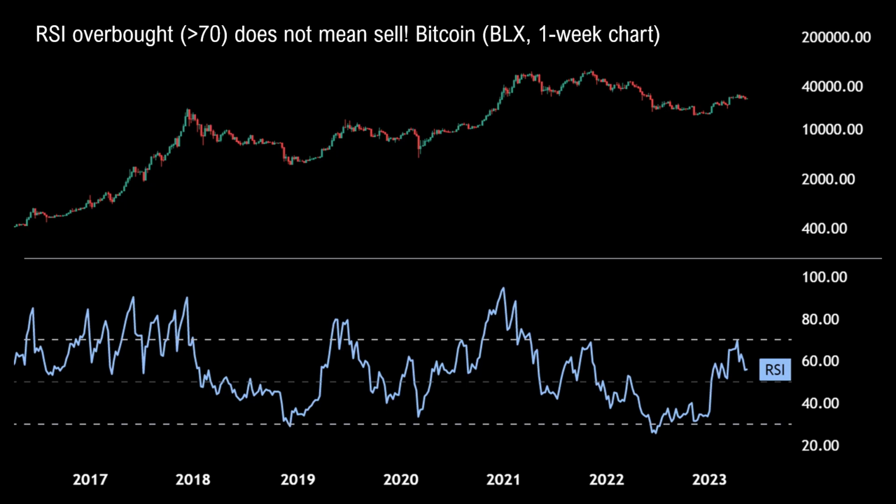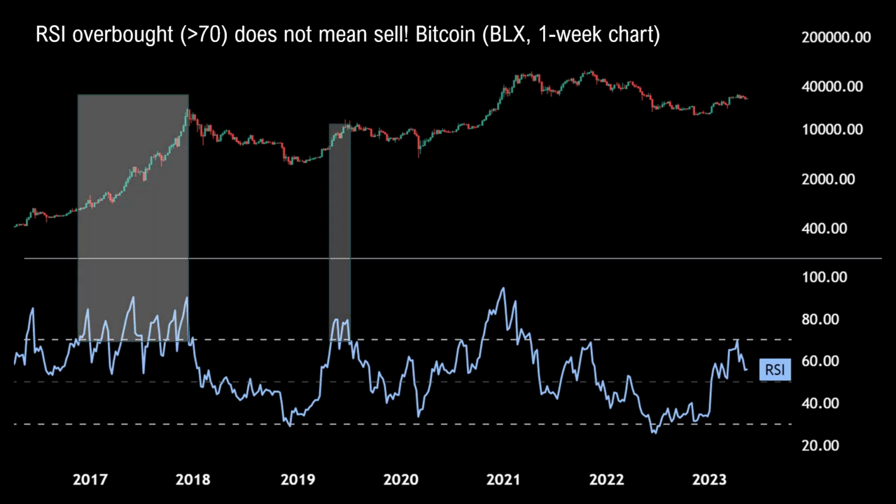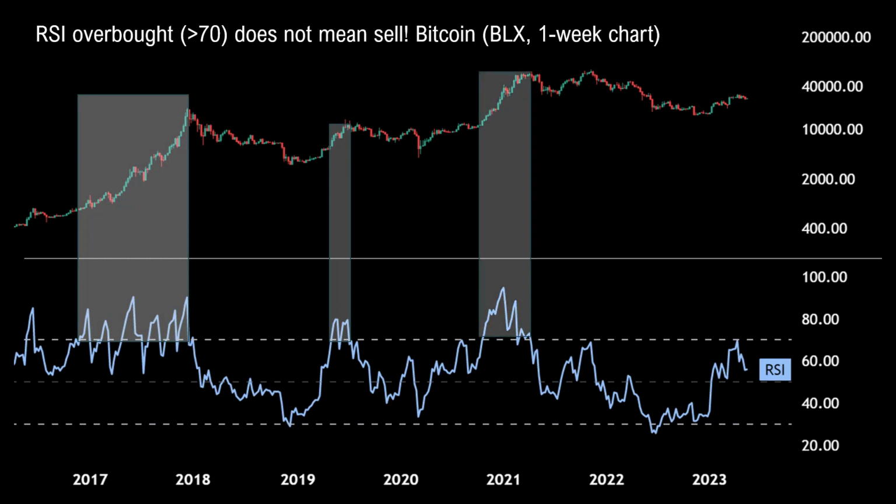But as you can see in the grey shaded rectangles here, here, and here, the RSI can stay overbought for a long time before the price eventually comes down. In fact, you'd have pretty much missed out on 3 past bull markets for Bitcoin by selling Bitcoin when the RSI was above 70. So as you can see, the RSI getting above 70 is not necessarily a sell signal.